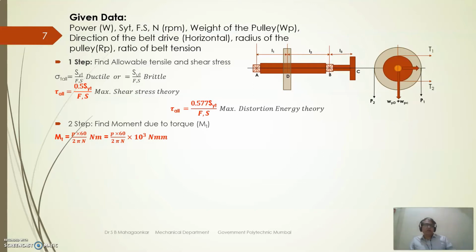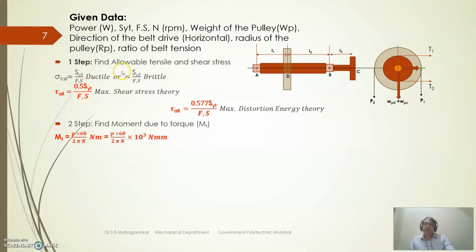If the figure is not there and only an illustration is given, then we have to draw the figure. After drawing the figure, compare it once or twice to confirm that whatever figure you have drawn matches the illustration.